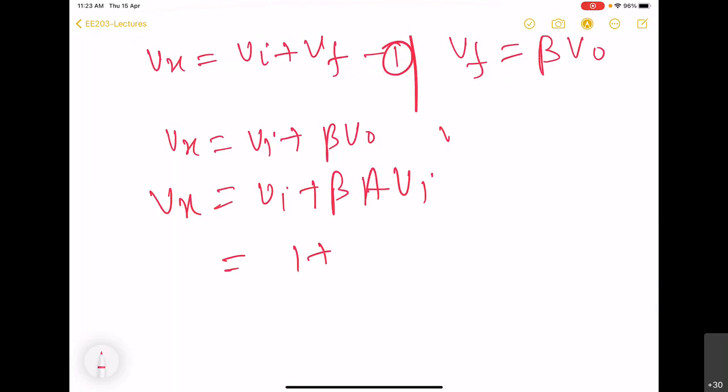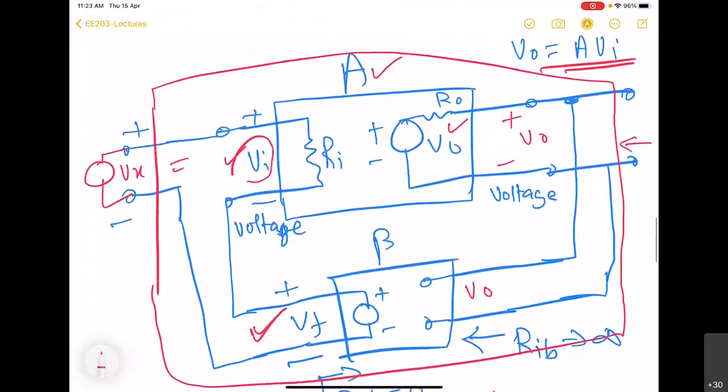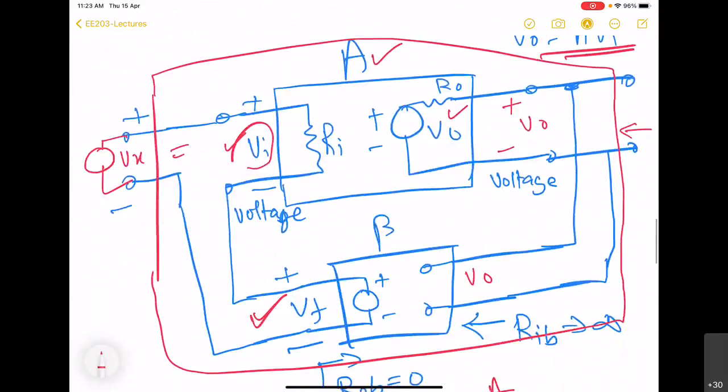So we see that we get Vx equal to 1 plus beta A into Vi. So now we have to get rid of this Vi and try to accommodate current Ix. So there is a current Ix that this Vx is driving into the circuit. So we see that this Ix actually flows through this Ri, and it is because of that this Vi is produced.